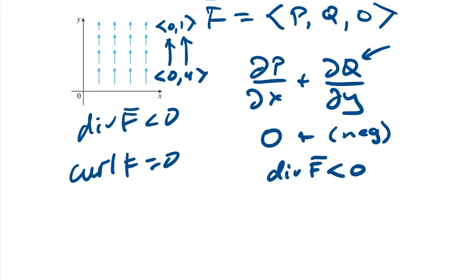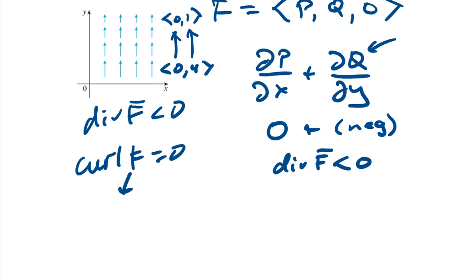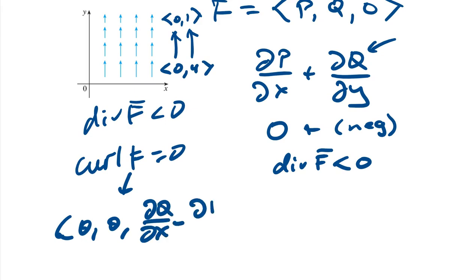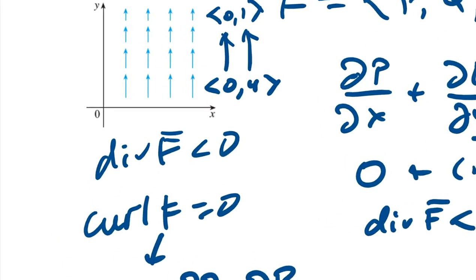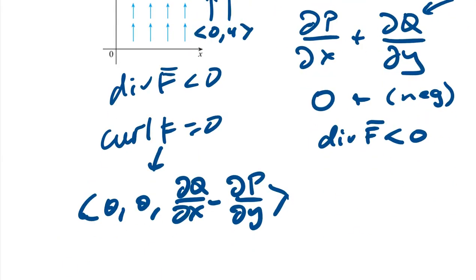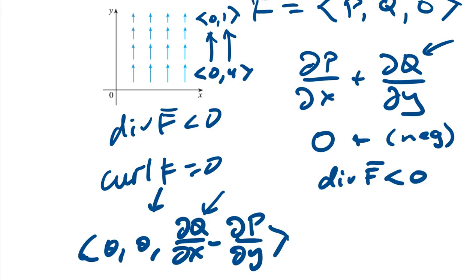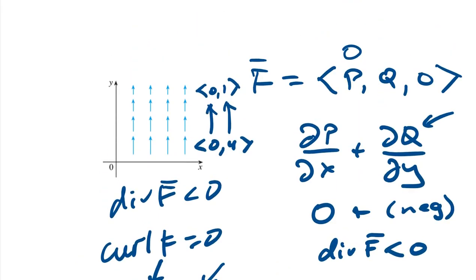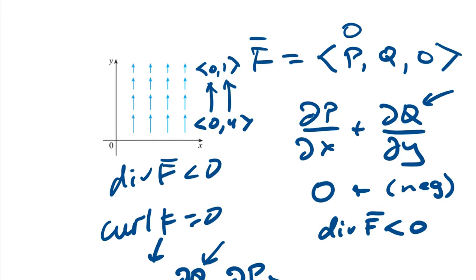Now the curl of f, once again, is going to be what we found out from the other one: 0, 0, partial q with respect to x minus partial p with respect to y. So is there any change in the y values as we go in the x direction? No, there's no change in the y values as we go in the x direction.